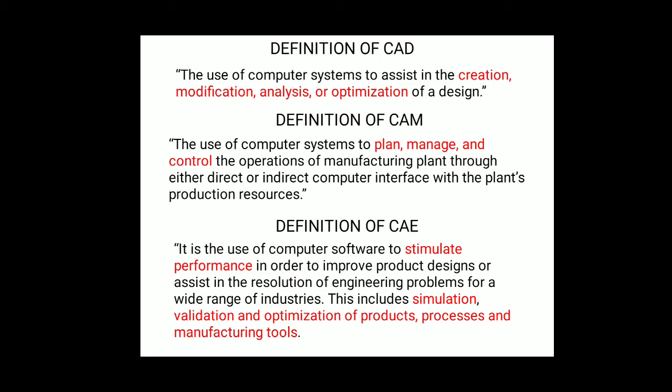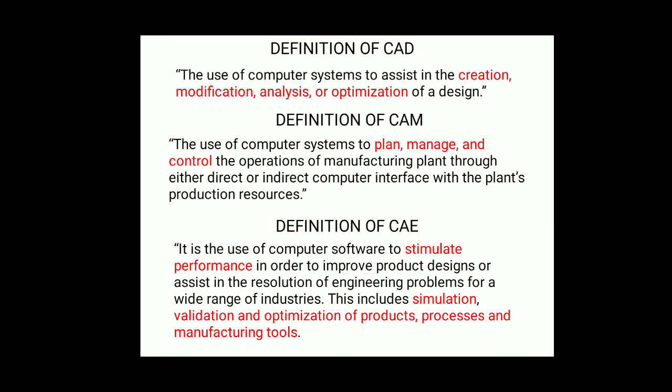This is CAD. CAM is the computer system to plan, manage and control the operations in a manufacturing plant through direct or indirect computer interface. It means we create a process plan and a sequence of operations for manufacturing. We do that in the CAM system.